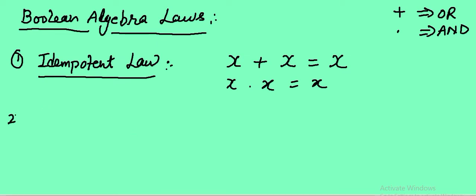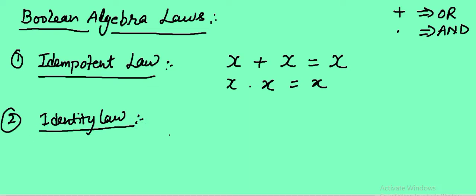The second law is the identity law. These laws are the same as I have already discussed in the last video, in which I discussed conjunction and disjunction, propositional logic and equivalence.